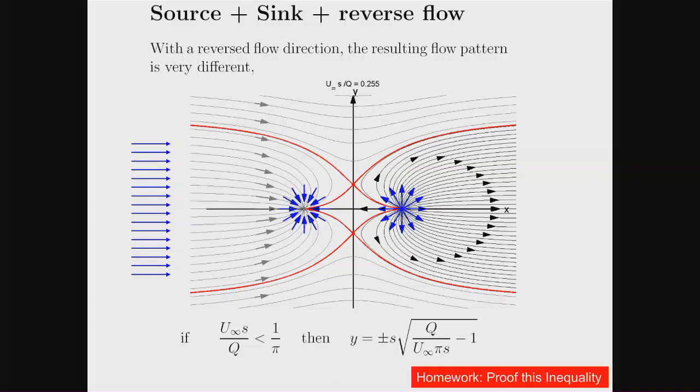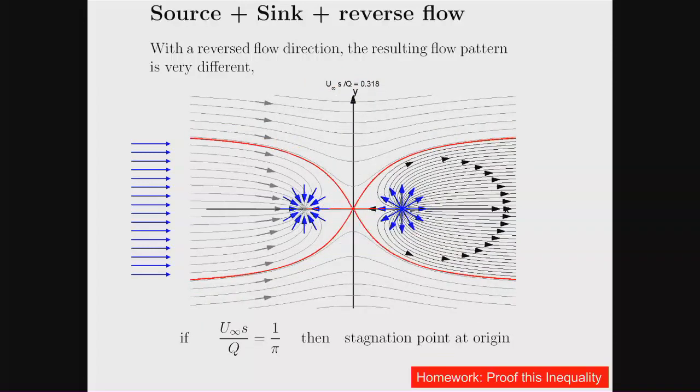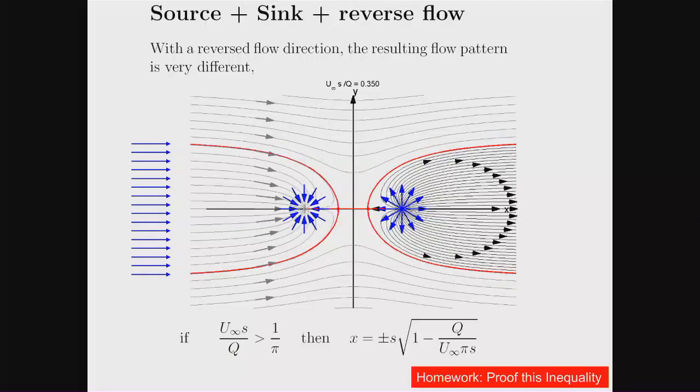As I increase U infinity S over Q, the flow field changes and I get only one stagnation point at the origin when U infinity S over Q equals 1 over pi. When I increase it further, my stagnation points occur along the x-axis, here and here.